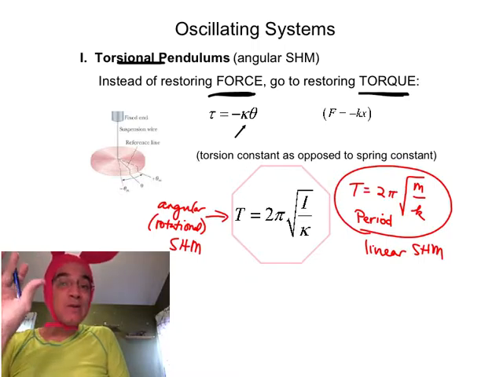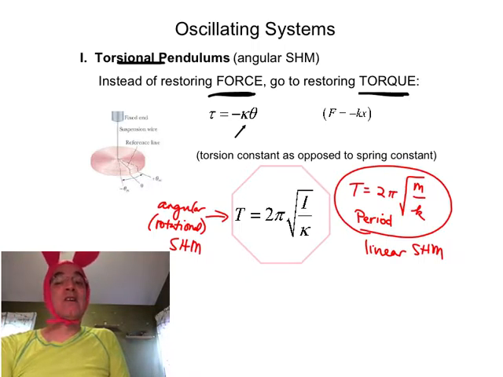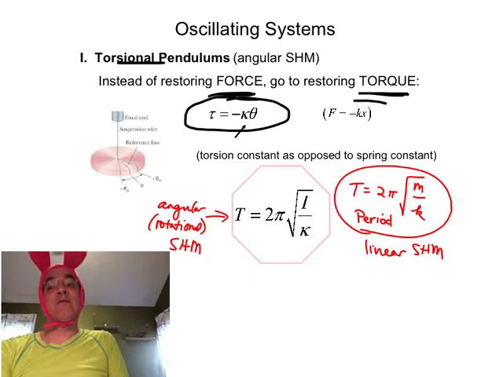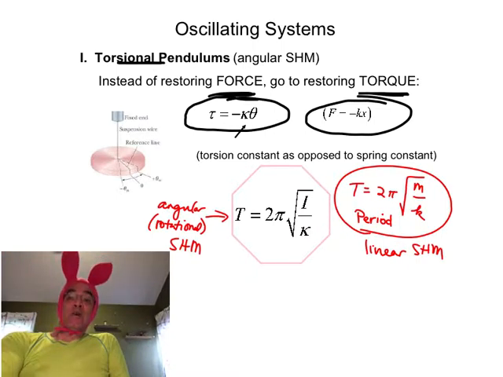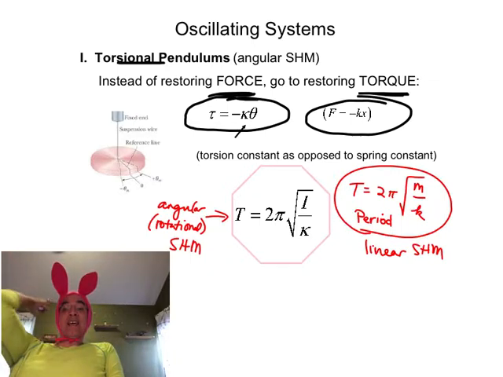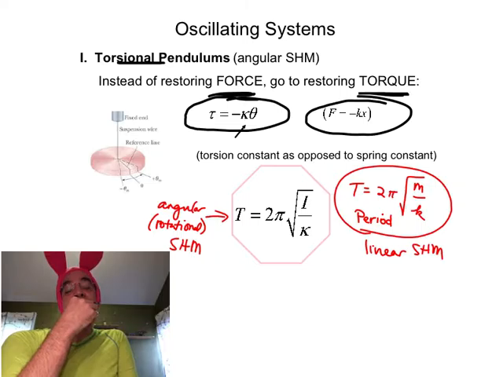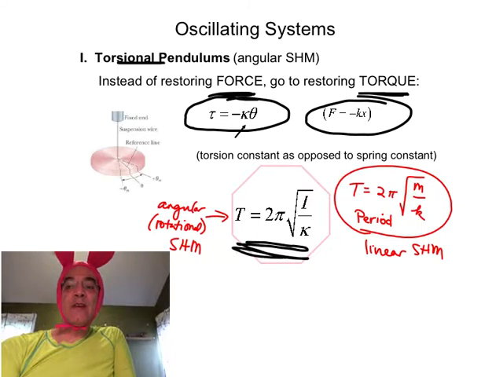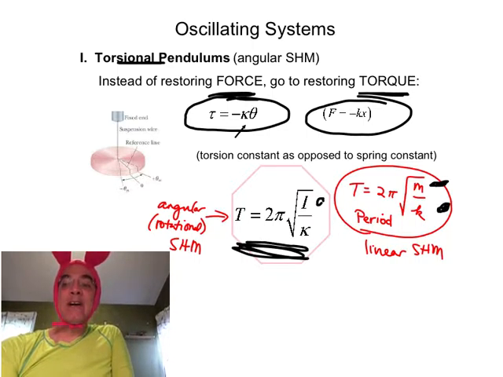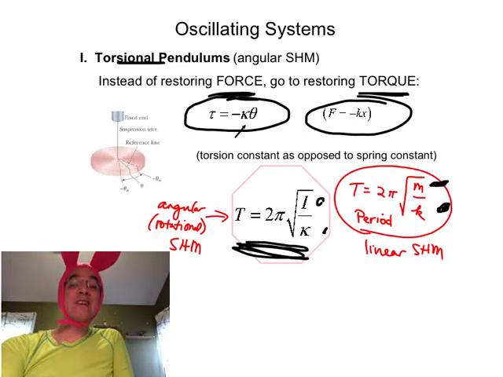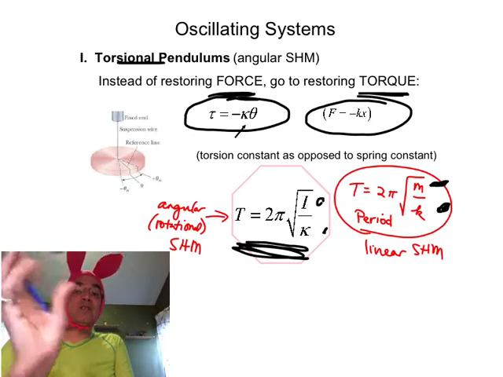And it turns out that most torsional pendulums are linear, which means that the torque is equal to some constant times theta, instead of our force being some constant times x, which means that we get simple harmonic motion again, just like we did for forces, and we get a very similar period. The only difference is, instead of the m that we had from a linear, we put I. Instead of the k that we had there, we put a capital K because it's a different constant for torsional. But the formula looks very similar for a twisty pendulum.